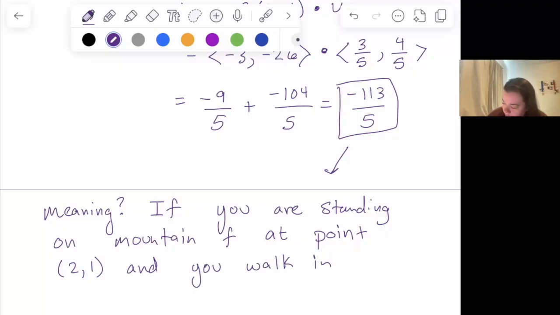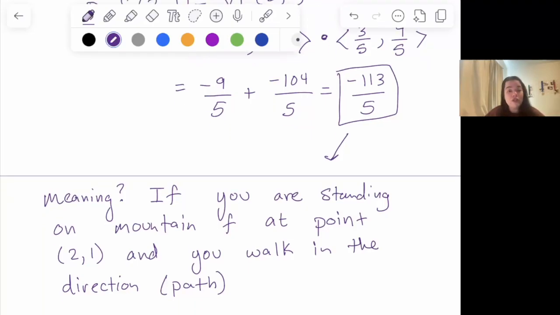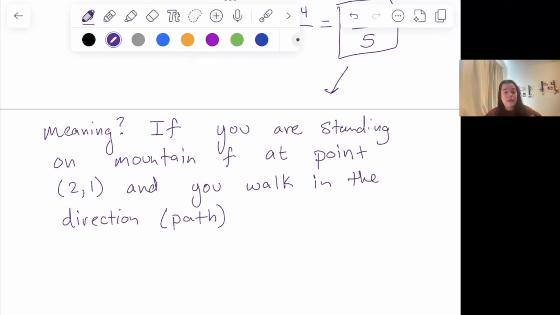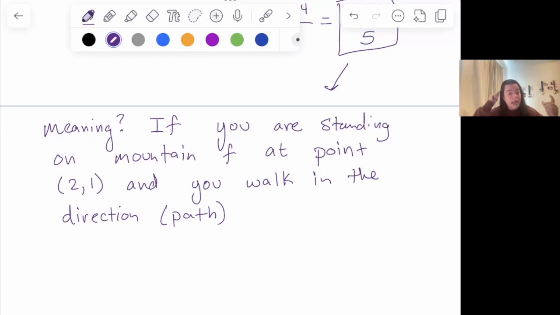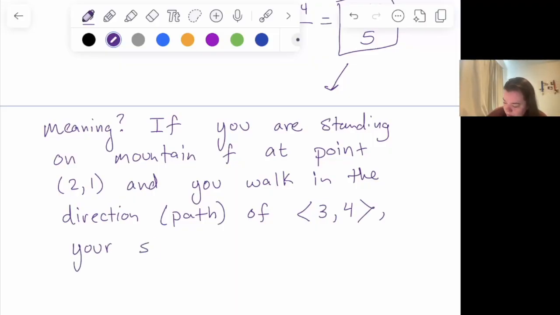in the direction. Think of that direction as your path or your trail, if you like this mountain analogy. So if you're standing on mountain F at the point 2, 1, and you walk in the direction of that originally given vector, your slope will be negative 113/5.